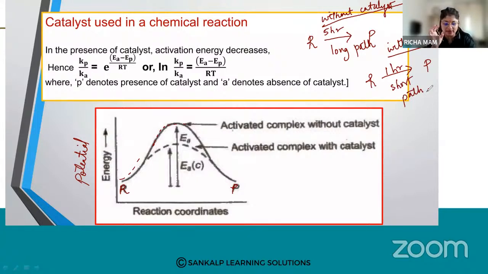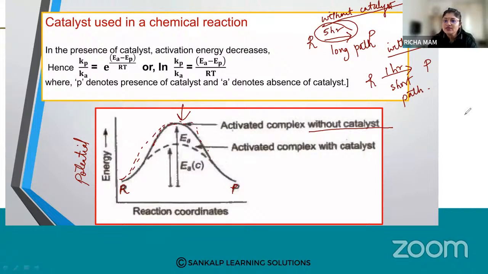I'm explaining in simple terms. When the reactant is giving you product without any presence of catalyst, the reaction will take 5 hours. So it is taking a very long route.